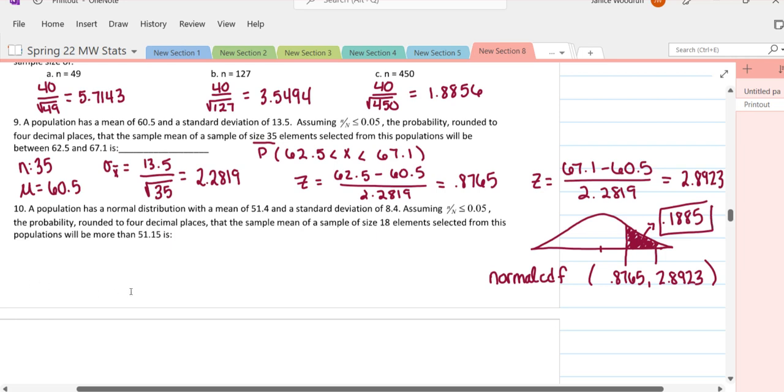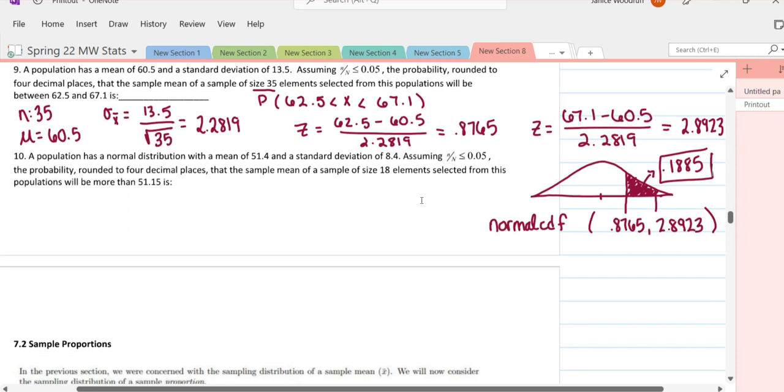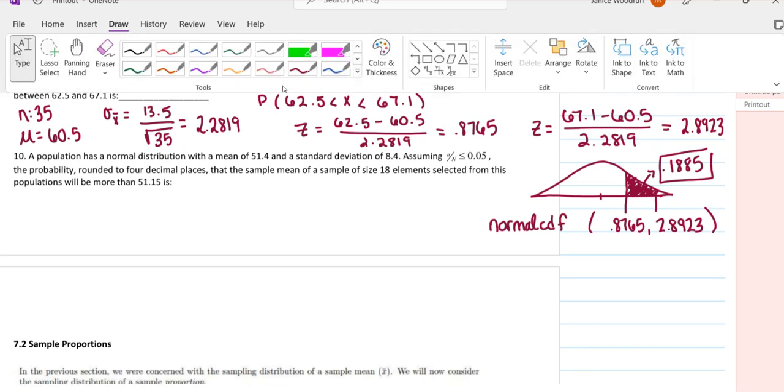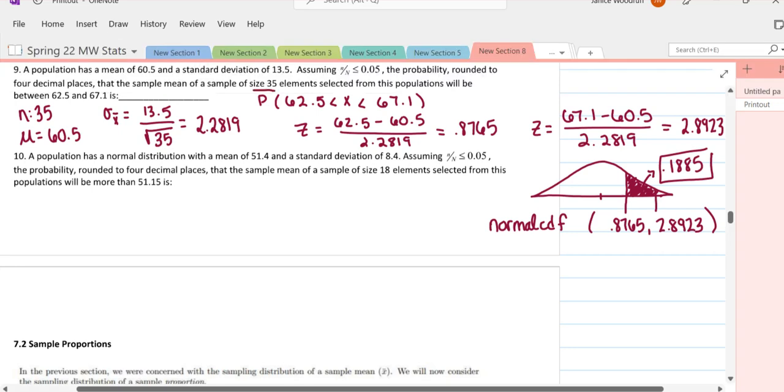Okay, and then last one. Population has a normal distribution with a mean of 51.4 and a standard deviation of 8.4. Again, assuming the sample size is large enough. Probability that the sample mean with a sample size 18 selected from this population will be more than 51.15 is what? Now, this one, the sample size is smaller than 30, but it does tell you that the sample size is large enough. It does give that caveat there, so you can still proceed.